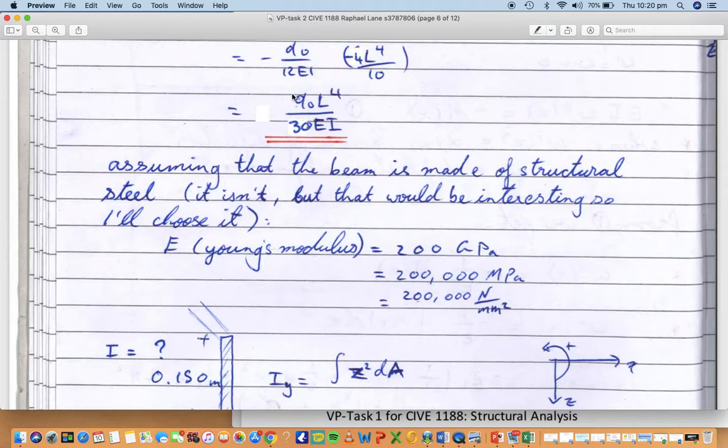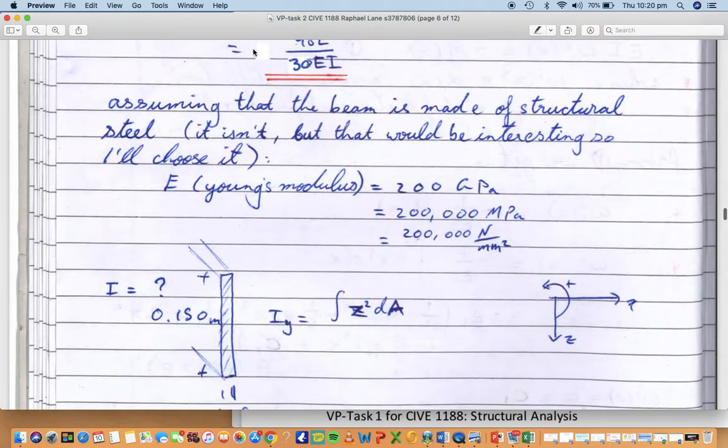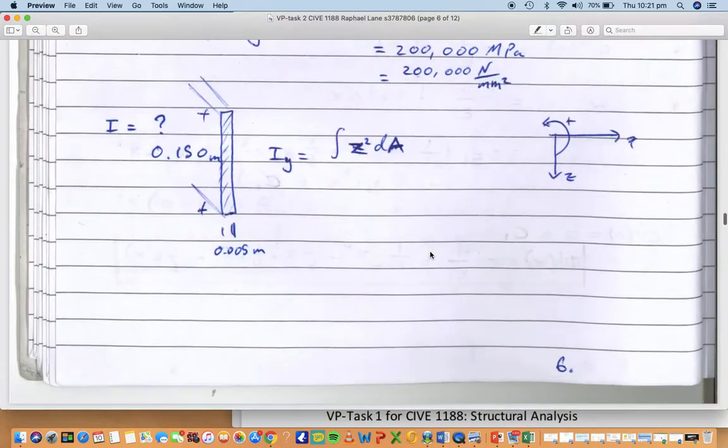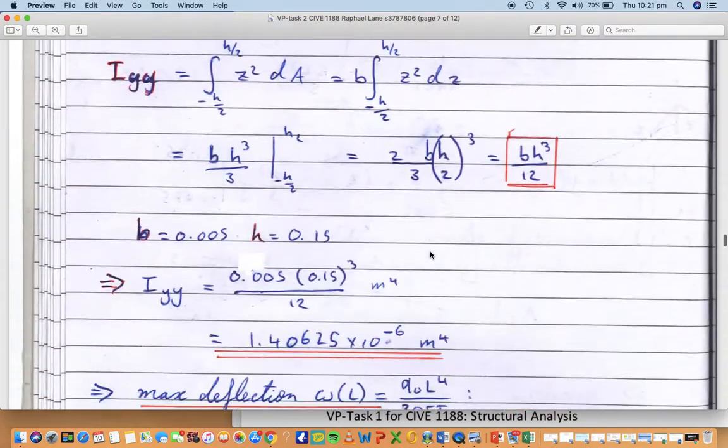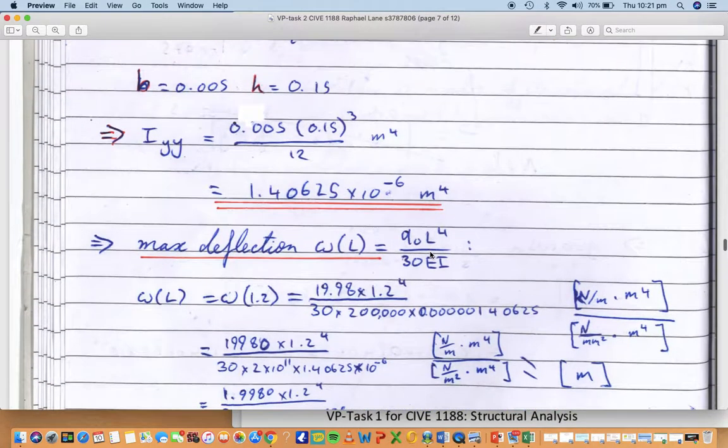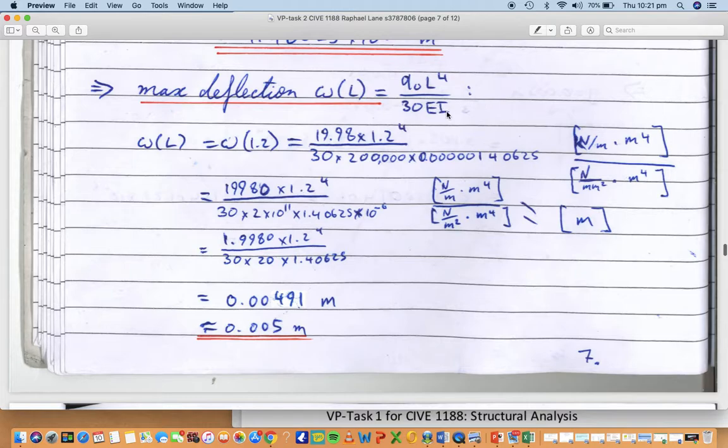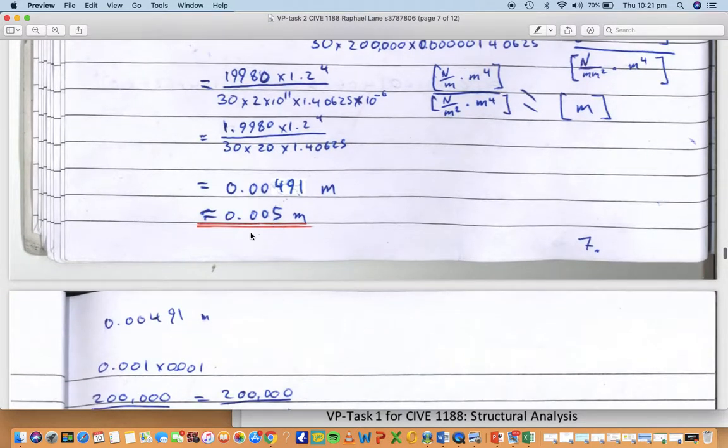To calculate a numerical answer, I then looked up the Young's modulus for structural steel and calculated the moment of inertia for the cross-section. Then I inputted those values along with the maximum shear force here, and came out to a deflection of 5 millimeters.